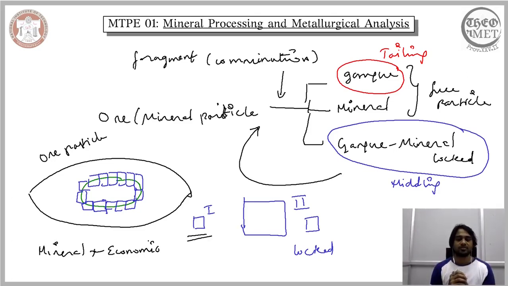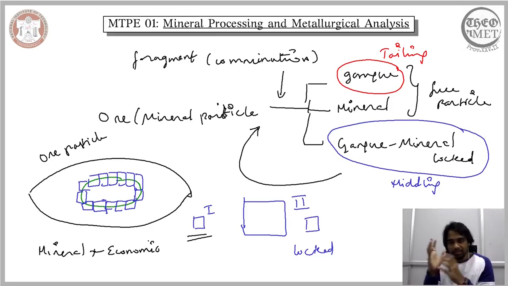Now, even when we subject the locked particles to subsequent comminution, it cannot go on forever. Even though every comminution step will increase the amount of free mineral particles in a given set of fragments, and the particles of desired mineral will increase, this cannot keep going on forever.